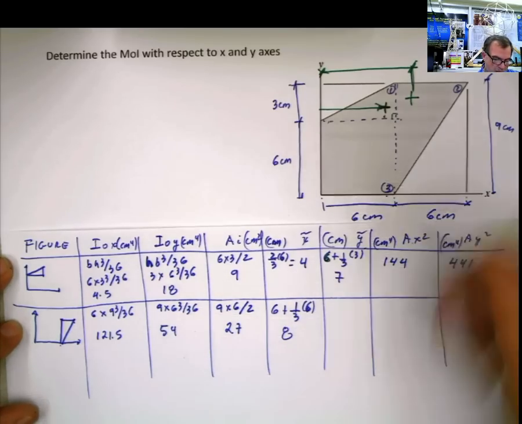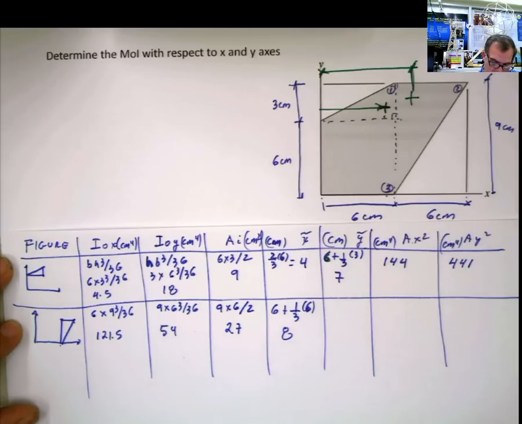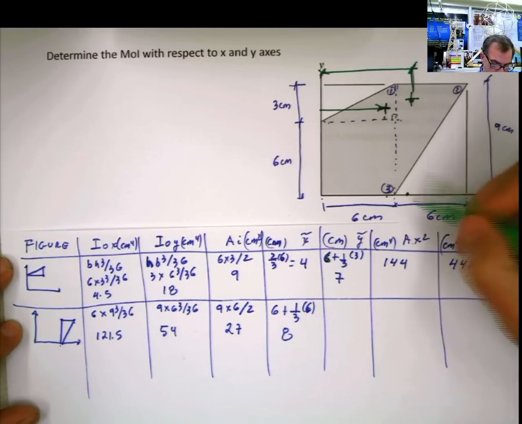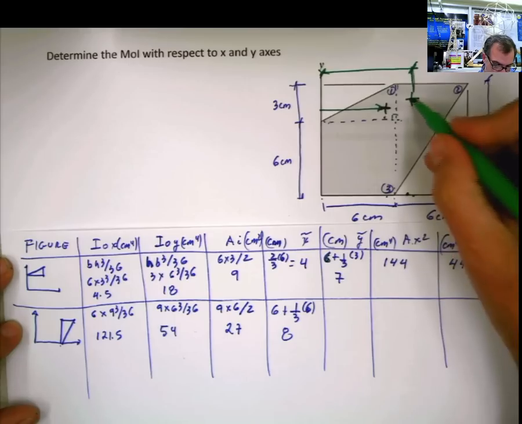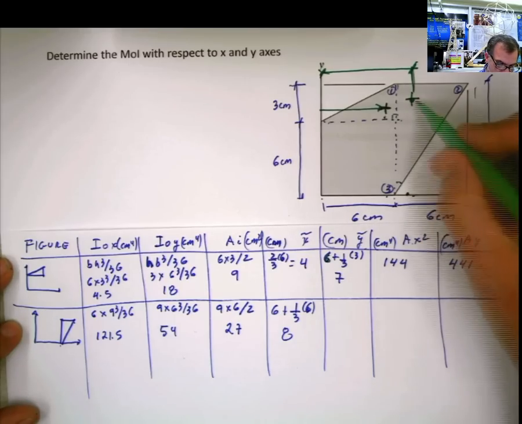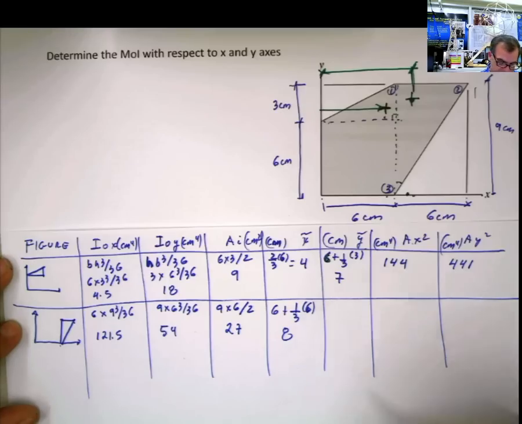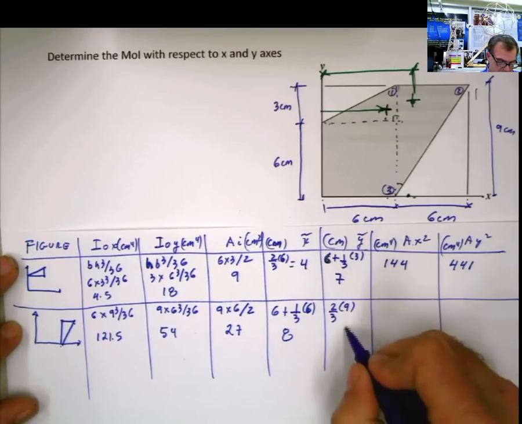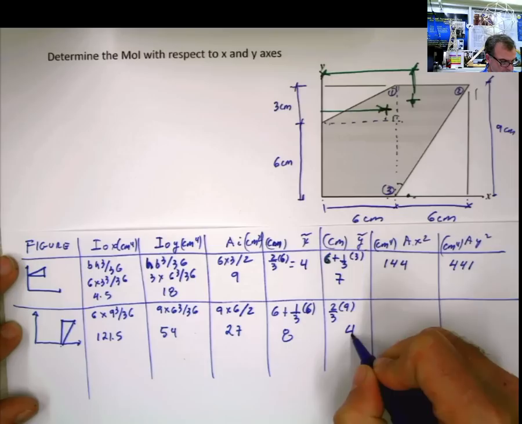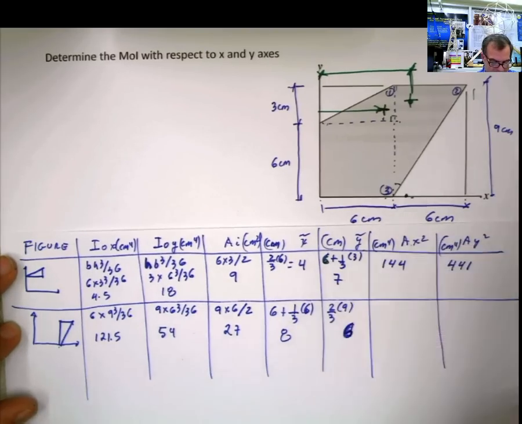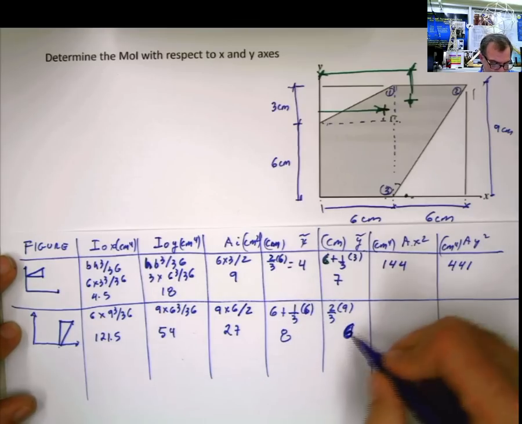Now y is the distance from here, from my axis, to this point, which is from here to here. This is 9, right? From this angle is going to be 2/3 of 9. 2/3 of the height. 2/3 of 9.